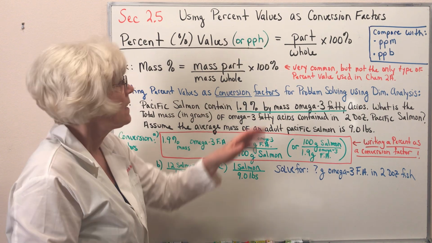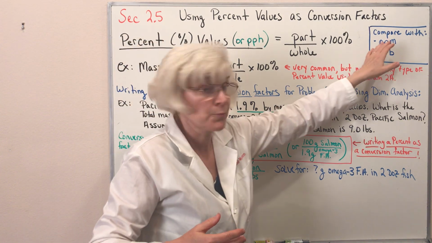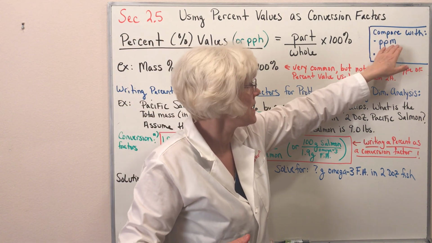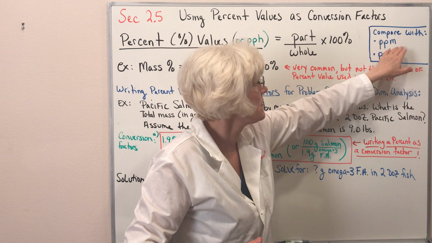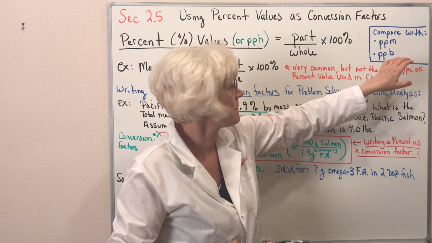You can compare PPHs with other ratios known as ppm, parts per million, or ppb, parts per billion.